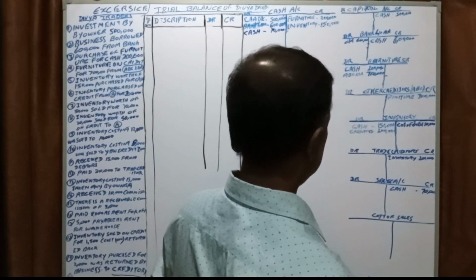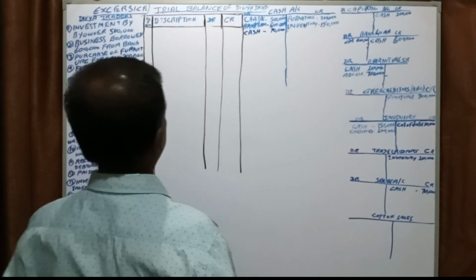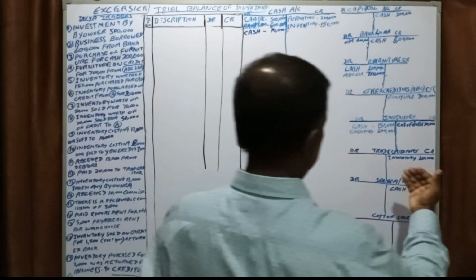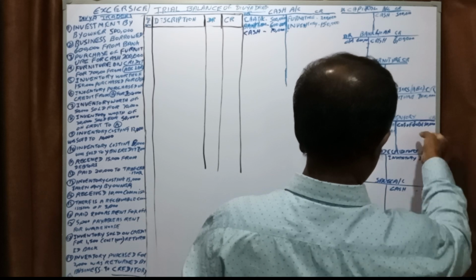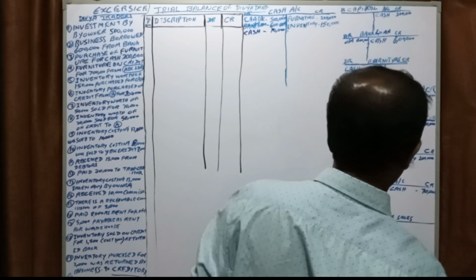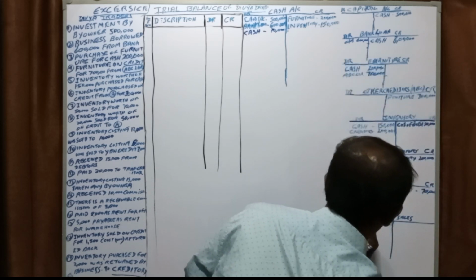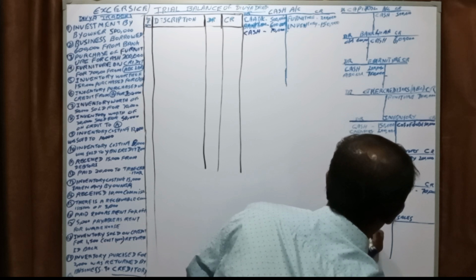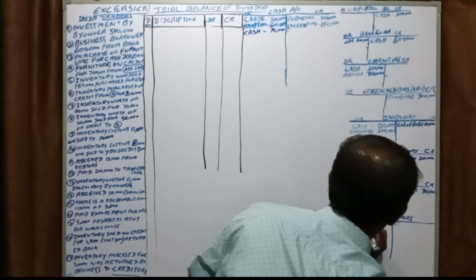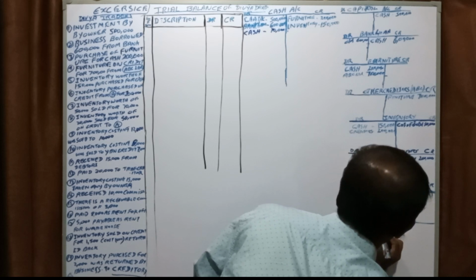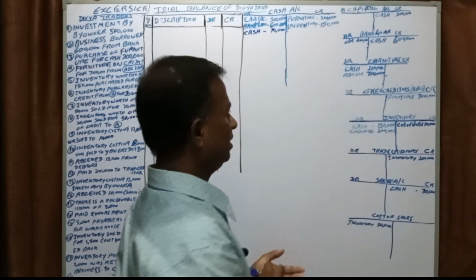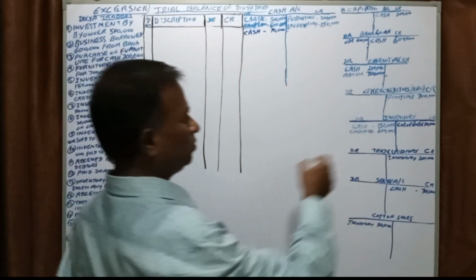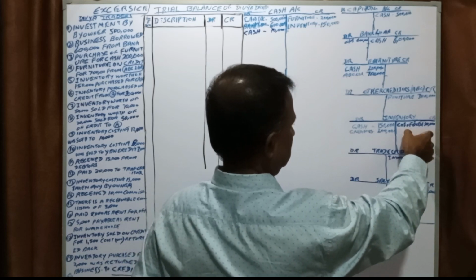cost of sales is debited. Inventory worth of 50,000. Why? We have to remove the inventory.